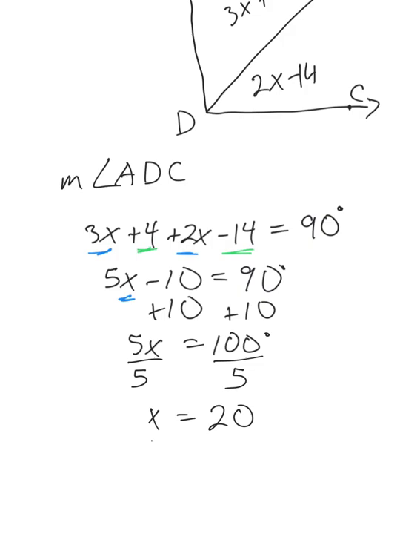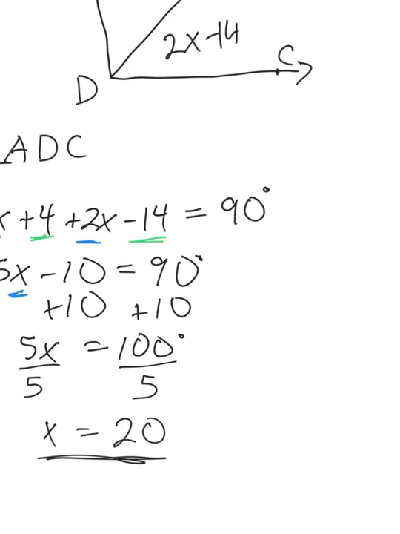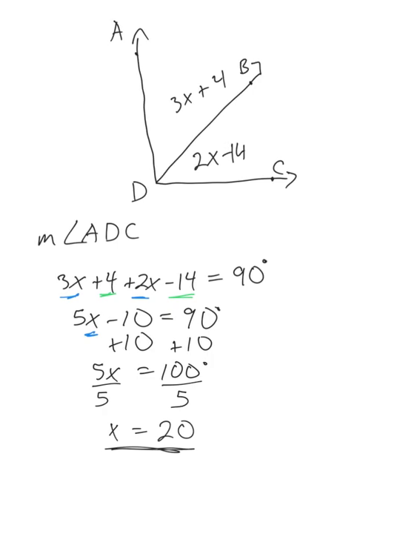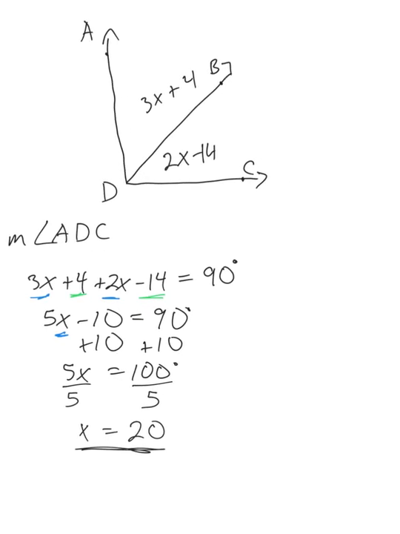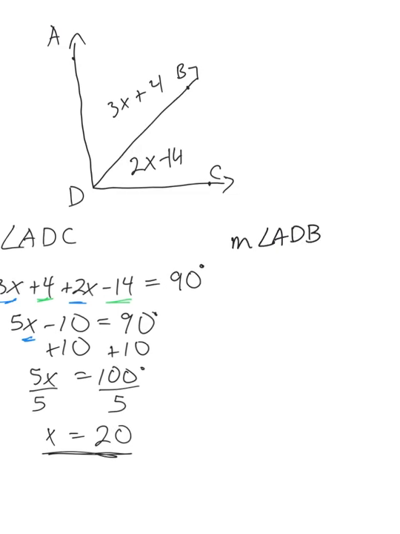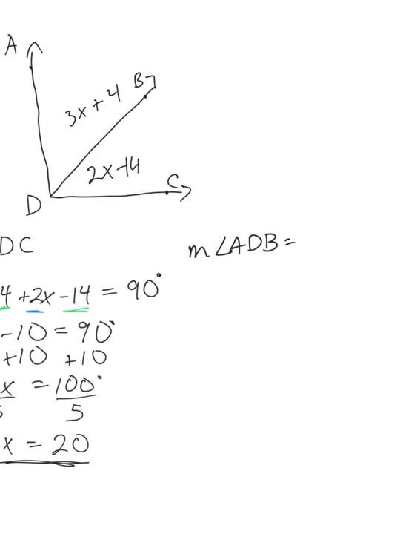If we want to find what the other angles are, we just take the 20 and plug it in to our x. So let's say measure of angle ADB, remember x is 20, equals 3x plus 4.